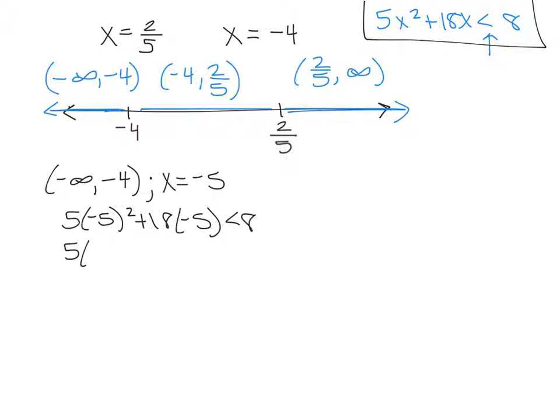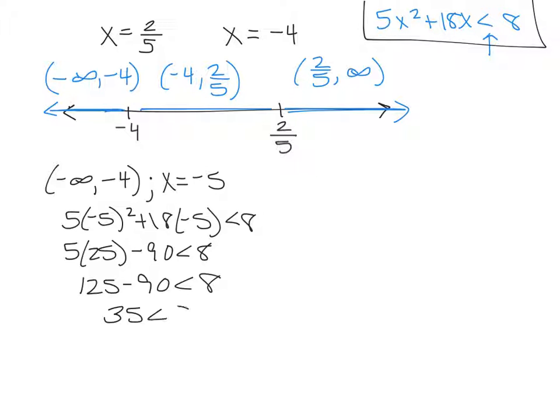This gives us 5 times 25 minus 90 is less than 8, which is 125 minus 90 is less than 8. Now that equals 35 is less than 8. Now 35 is less than 8 is not a true statement, so that interval will not be a part of our solution.